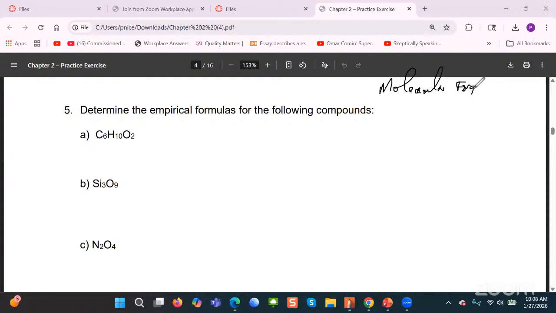The molecular formula gives the number of atoms of each element per molecule.